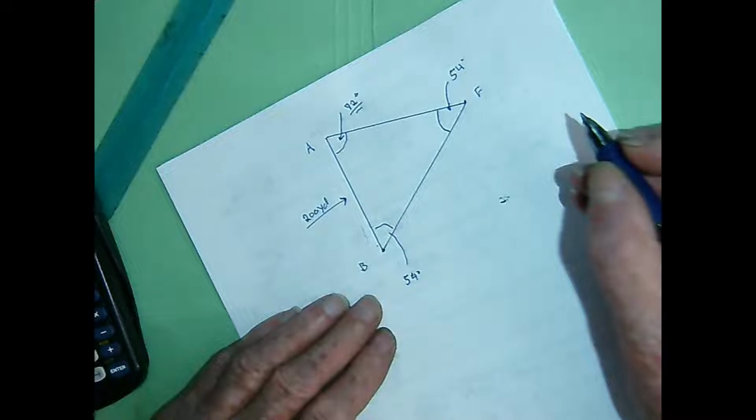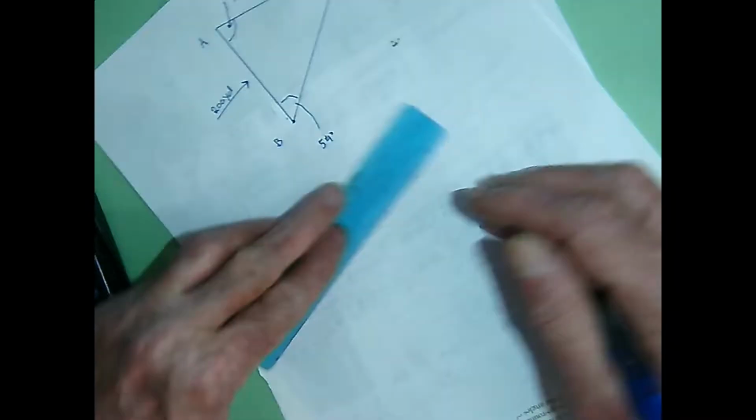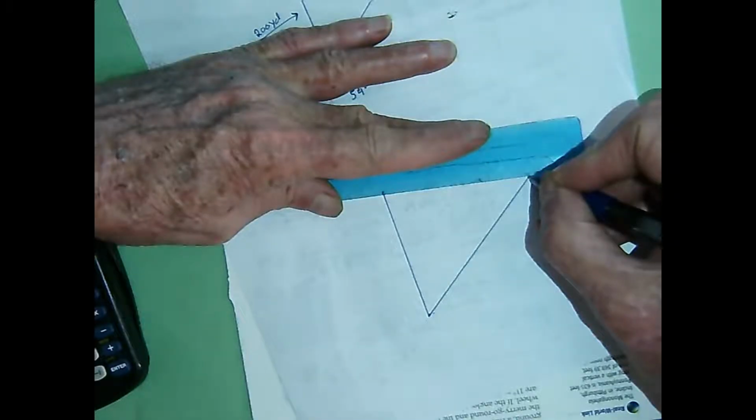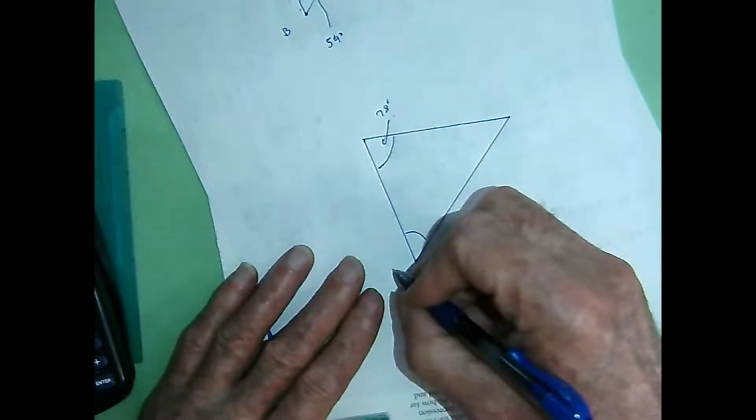Sorry about that. Let me start over. 54. Yeah, that's just not the kind of problem I want to do. I'm going to make another one real quick. I apologize. Let's come up with a different set of numbers than this. I don't want to have an isosceles triangle, although it would have worked, but that's not what I want to have happen. Let's say that this angle is 78. This angle is 52.